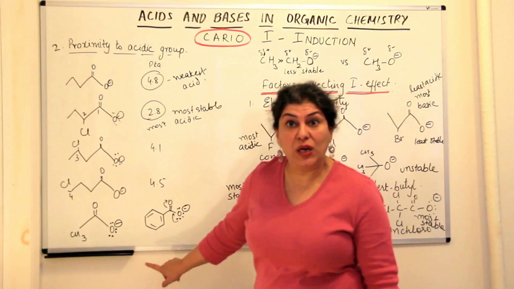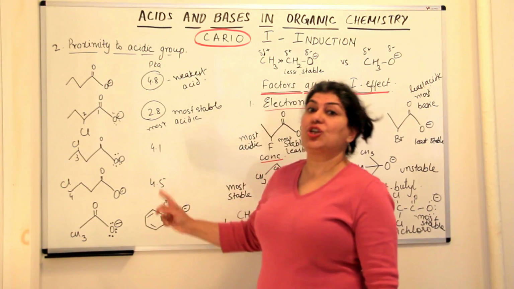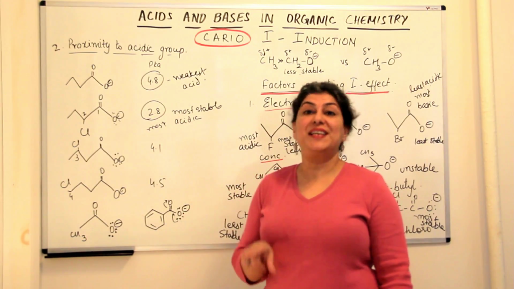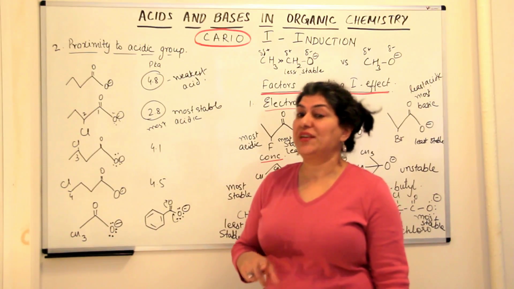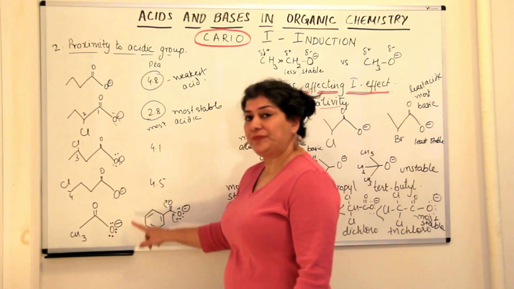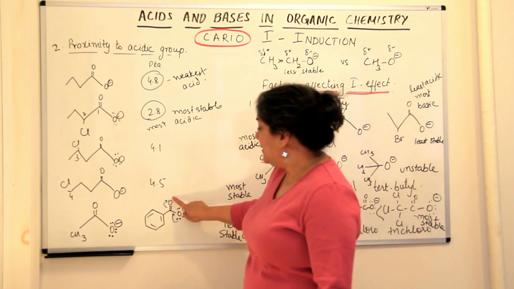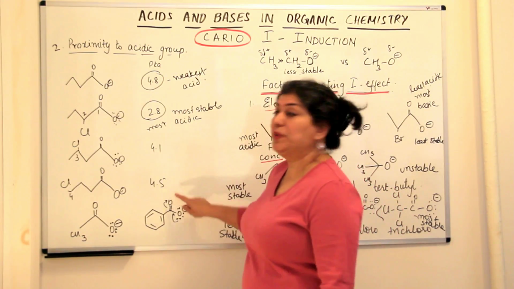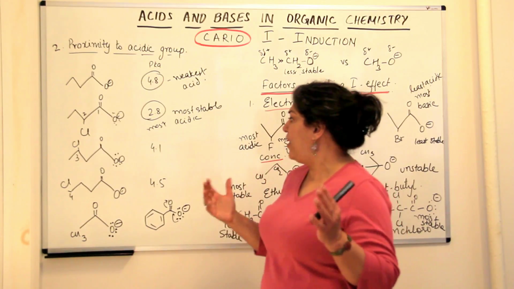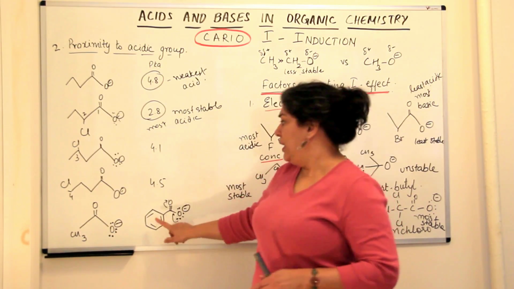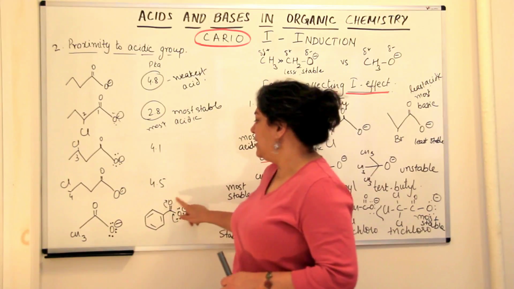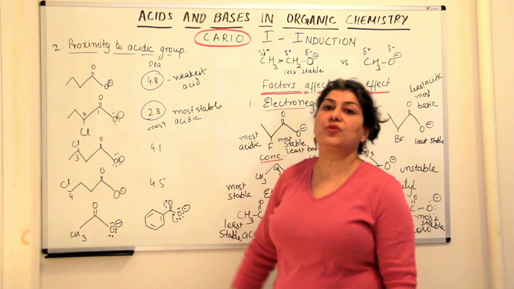If it was phenol, the electrons on oxygen would have been given to the benzene ring. They could have participated in resonance. But in this case, the benzene ring does not participate in resonance. The reason being that the negative charge is being shuffled between two oxygens which are far more electronegative than carbon. Even if it's a benzene ring, the electrons here are not going to go into the ring.